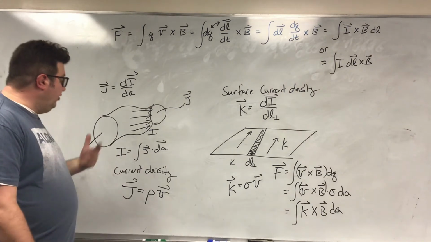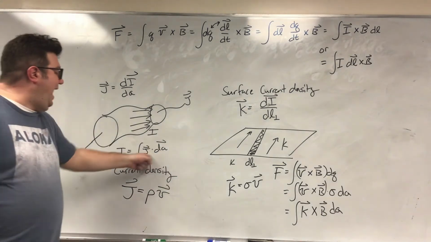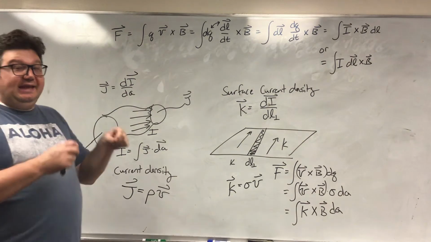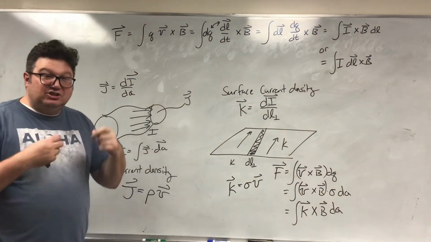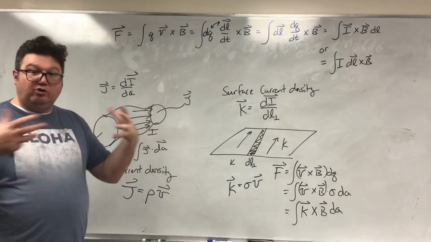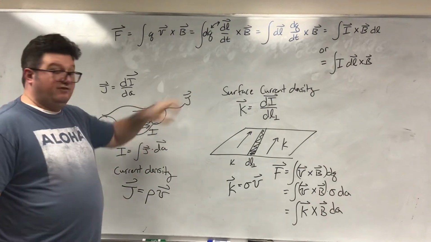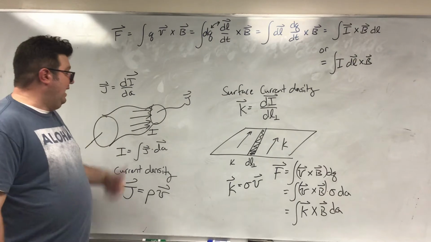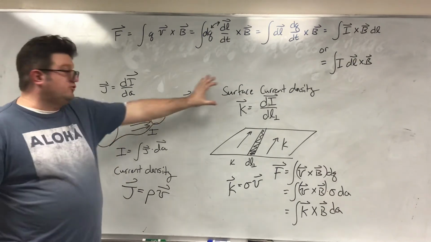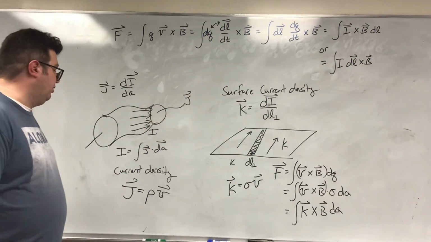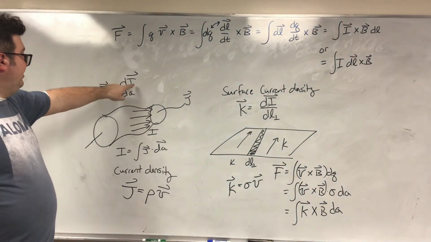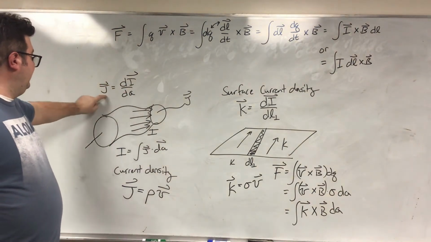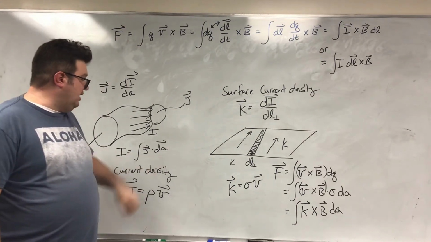To get the total current, I've got to add up the current, or the J, in each little strand, and add them up over the total area of the face of the wire. When I add them all up, it gives me the total charge flowing through the wire. So I can either take the derivative with respect to the area to get J, or I can integrate J dA to get I.